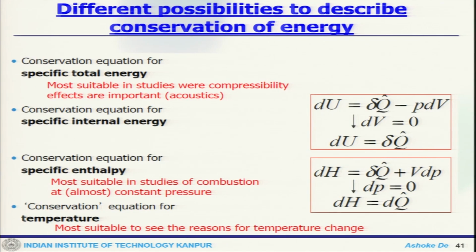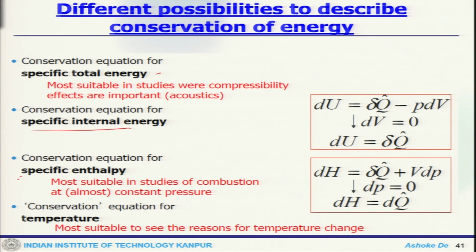Now, there are different possibilities to describe the conservation of energy. One can do that in terms of specific total energy, which is most suitable in studies where compressive effects are important, or specific internal energy, or specific enthalpy.